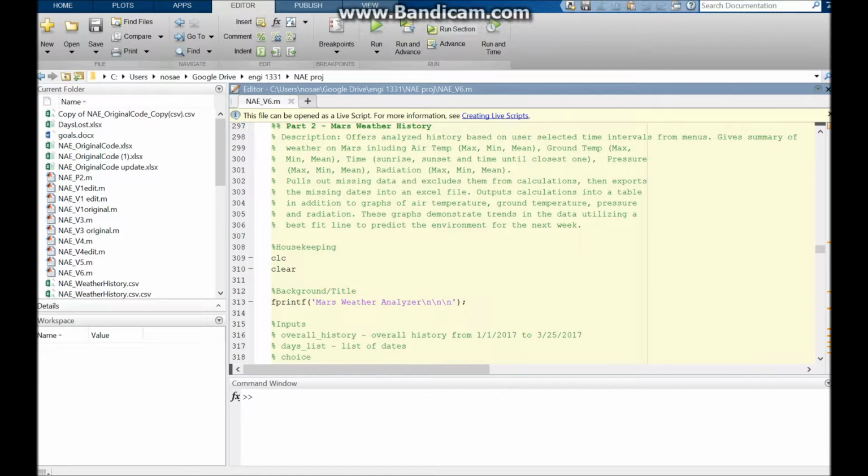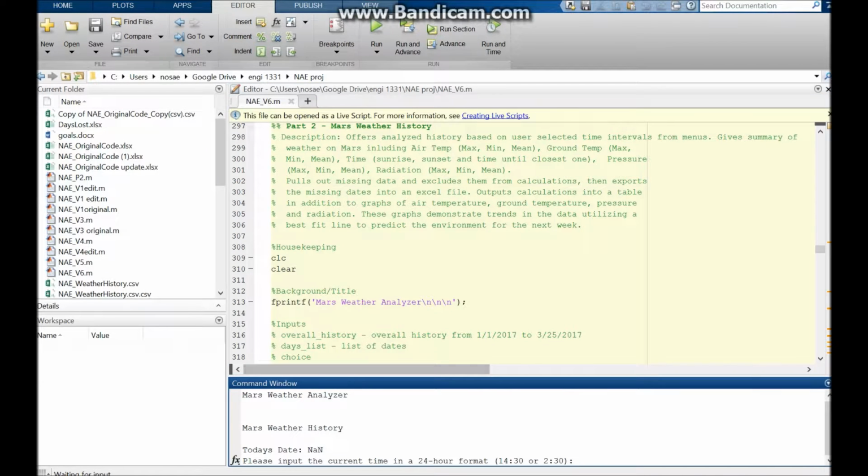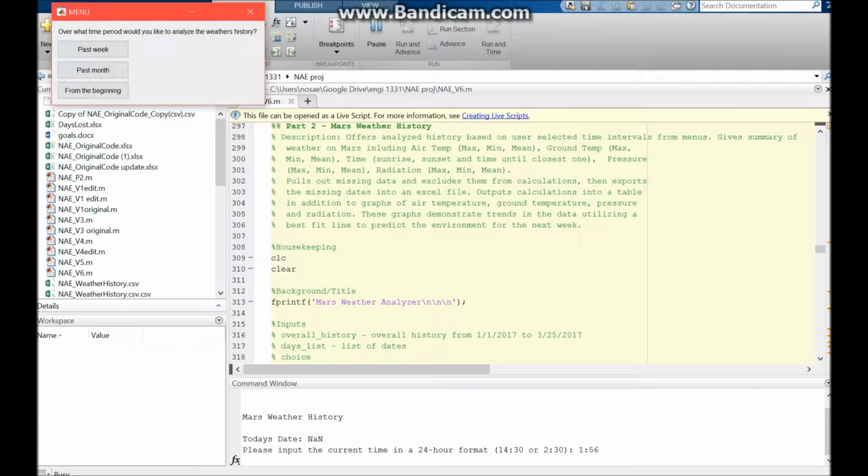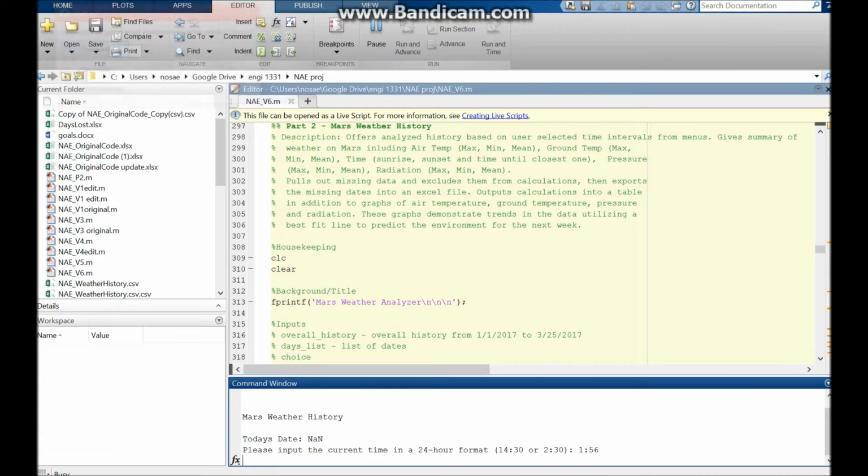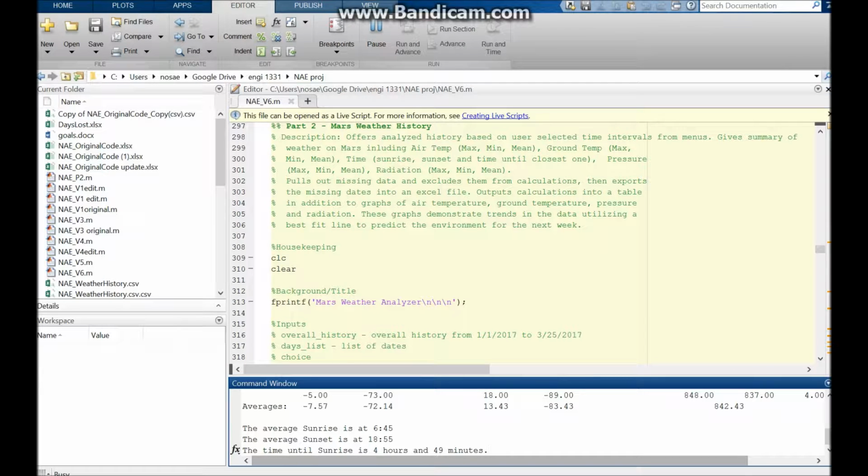So for the second part of our program, when we run it, we'll enter a time of 1:56 and pick the time period for the past week, and it produces our values and our graphs.